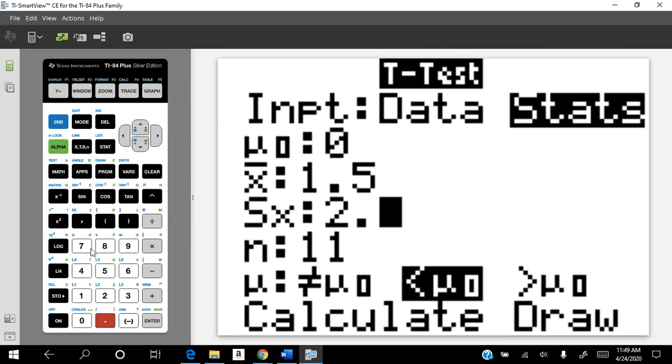Oops, clicked the wrong button, 2.77. Your degrees of freedom, we had 32 in our sample size, so the degrees of freedom, oh wait, that's not degrees of freedom, that's n. Degrees of freedom will be found later, it's 31. And then our alternative hypothesis was greater than. Enter.